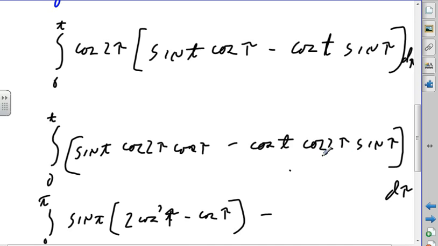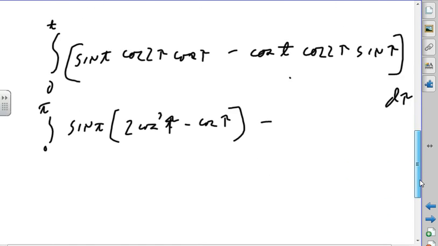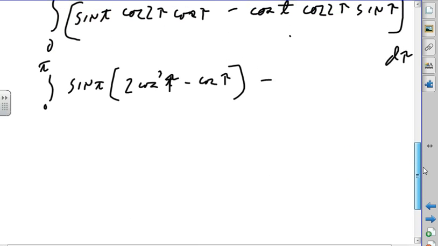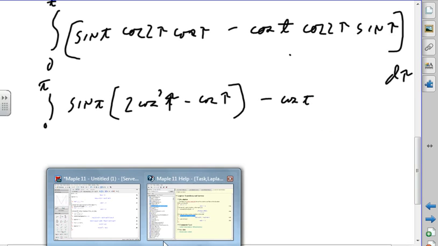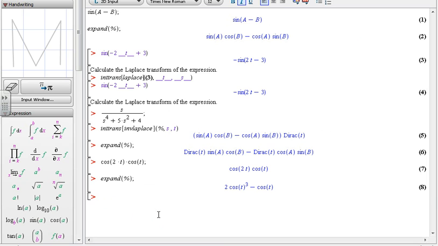All right, now we want cosine 2t sine t. I don't think we're going to get that, though, even though we want it. Okay, so we want cosine 2t sine t.